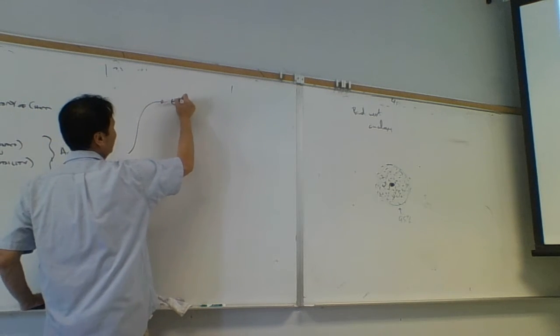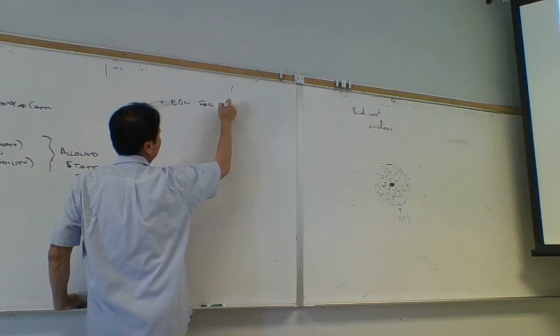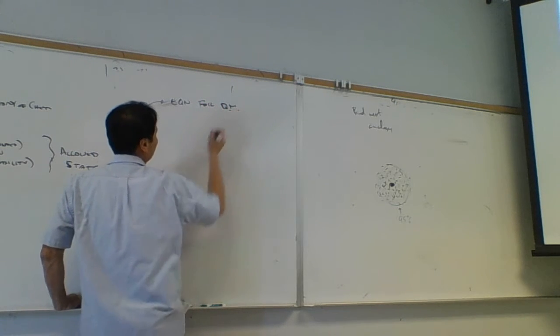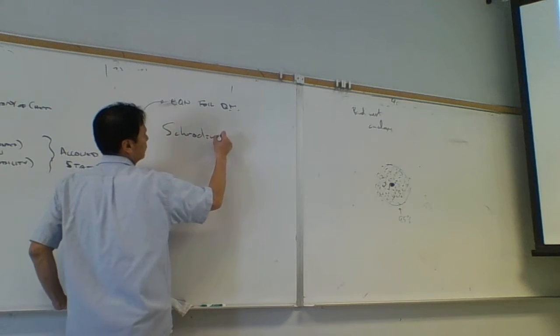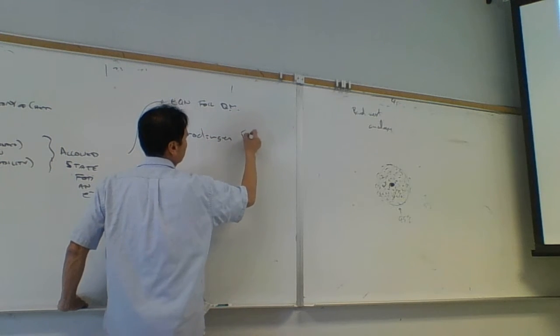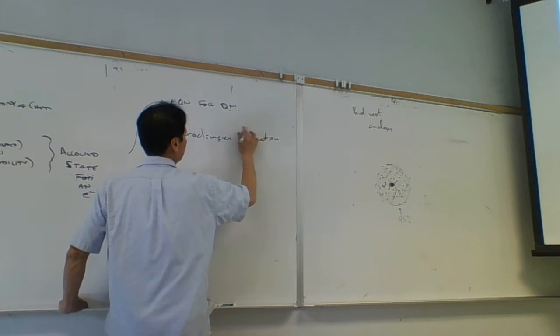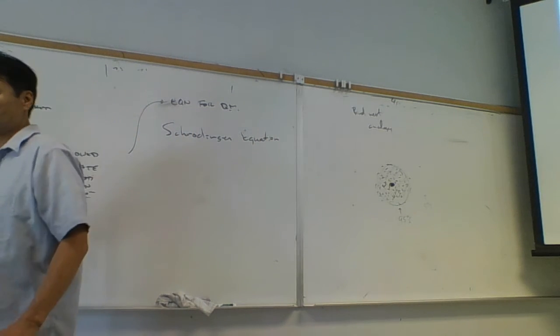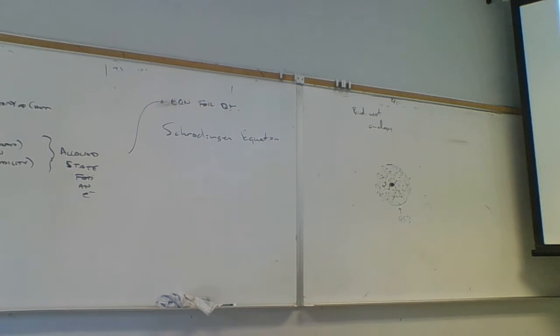The equation for quantum mechanics, which I'll abbreviate QM, is the Schrödinger equation. The Schrödinger equation is going to tell us the energy and the position of the allowed states for the electron.